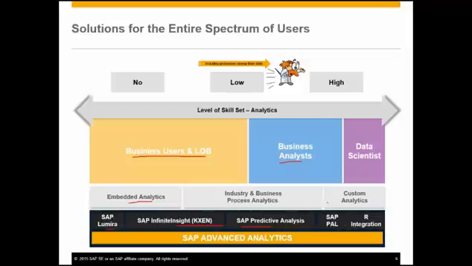All right, so the skill sets required range from no to low to high. And I also like the graphic up here that shows that even professors need to upgrade their skills if they want to teach the next generation of business users, business analysts, and so on.